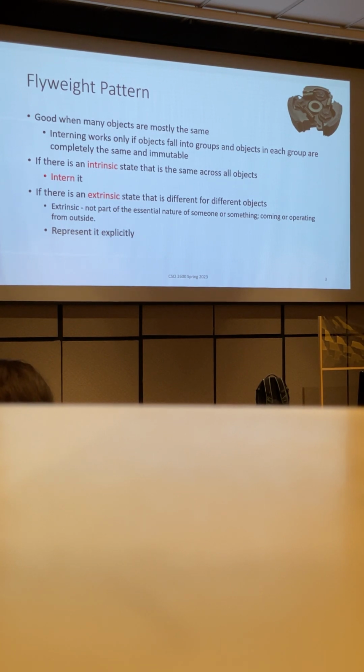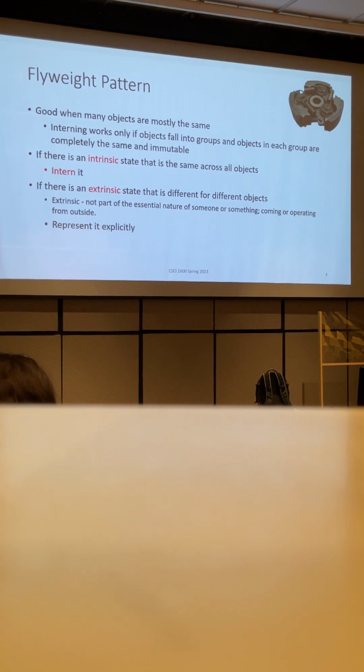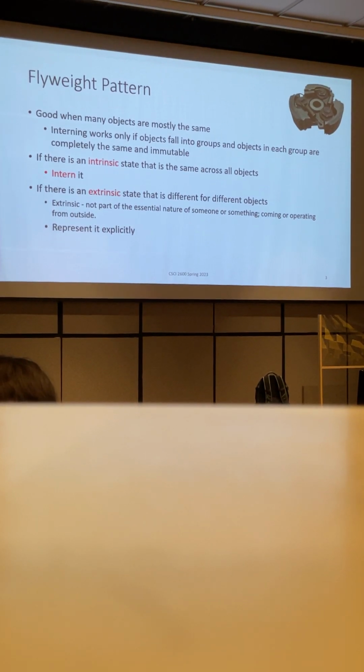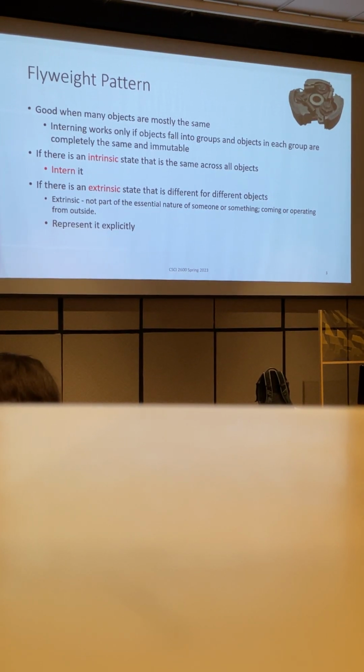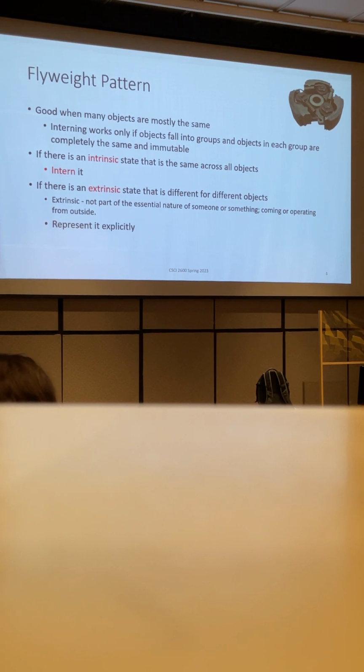So the flyweight pattern takes this idea, saying, yes, I can give you an object that has the state that you're asking for. It's an old object. But flyweight allows you, on top of that, to also add some new contents to this object. So it divides the entire object into two parts. One is called the intrinsic state, and the other one is called the extrinsic state. Intrinsic is like internal. So the intrinsic state is going to be the same across all objects. It is interned.